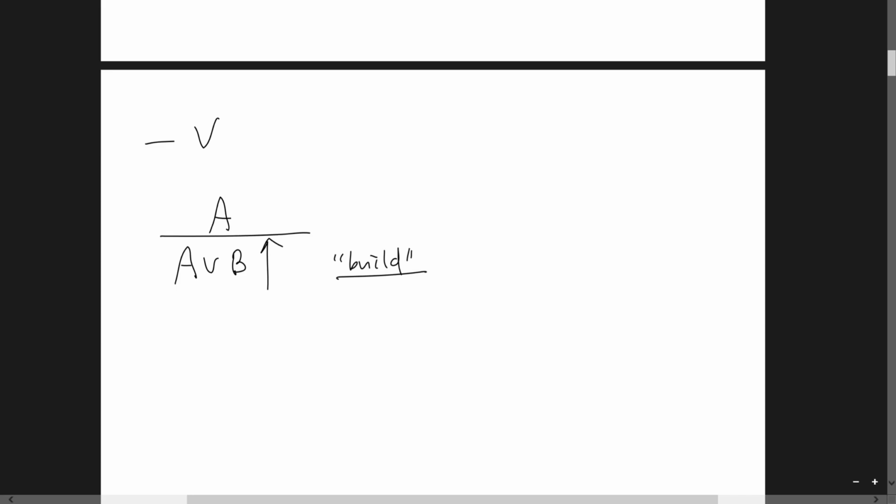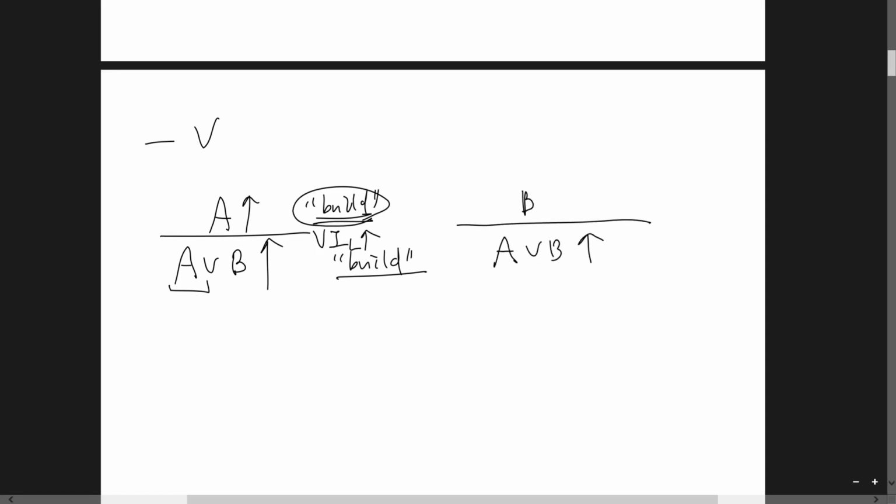So if you choose the left side, then you have to build the proof of A true. So again, you keep moving upward because you have to build. So this is disjunction introduction rule, left rule, up arrow. And the symmetric case is A disjunction B up arrow. This is B up arrow. This is disjunction introduction right up arrow.